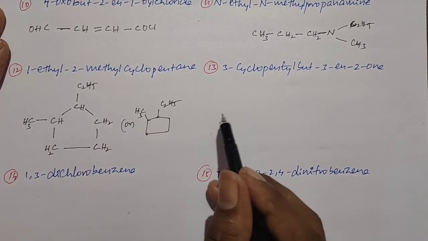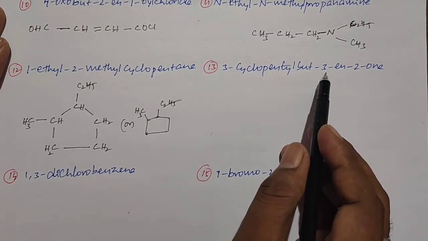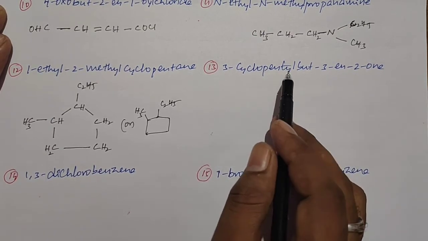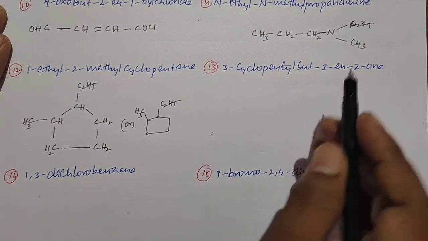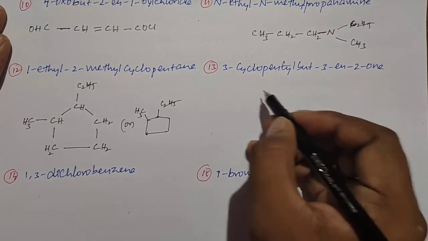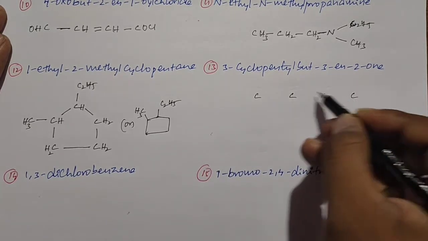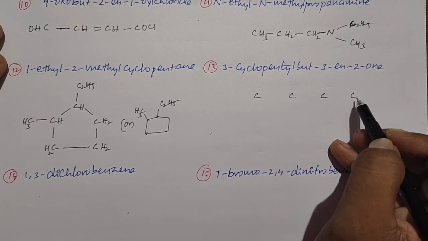Next example, 3-cyclopentyl but-3-yn-2-one. Here the number of carbons is 4: 1, 2, 3, 4. The secondary suffix is there, so I take the first carbon from the right side onwards.